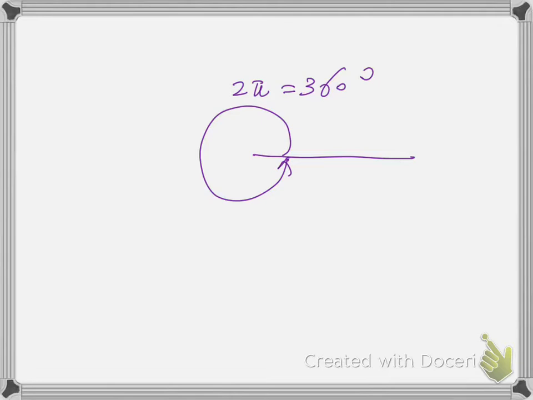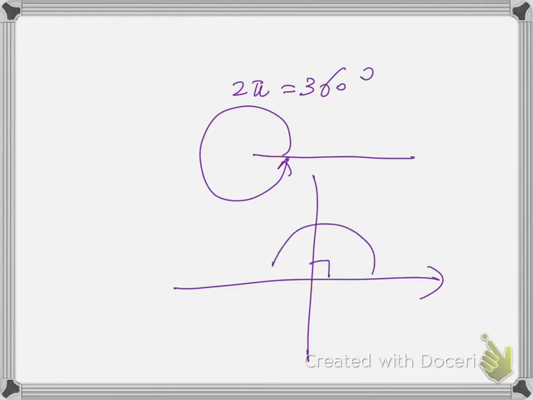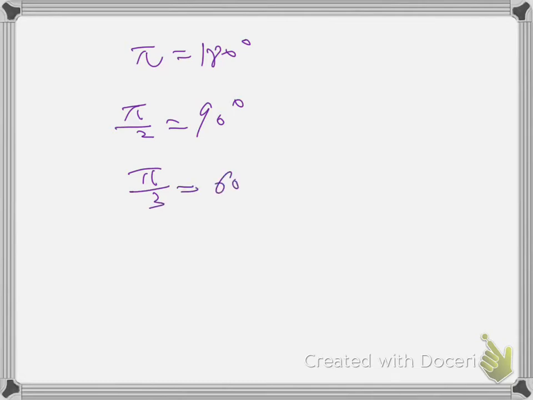Now it's easy to see the right angle is pi over 2, because pi is made of two right angles. So the right angle is pi over 2, which is 180 divided by 2, 90 degrees. Pi is 180. Pi over 2 is 90. Pi over 3 is 60.